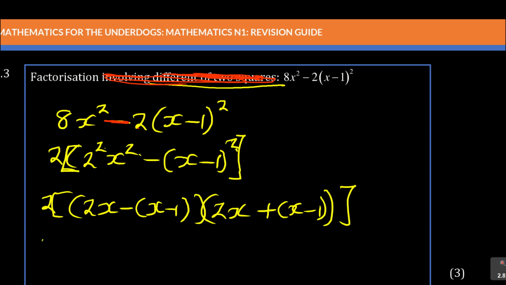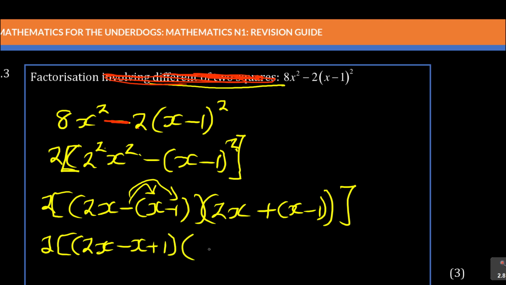And then from there, you have got your 2. You need to simplify now what is inside. Here you have got your 2x. Now, the negative comes in and interchanges everything. So it will be minus x. Negative and negative 1 is plus 1. That's where you just need to be careful. And then the other one, the positive doesn't change anything. It's 2x plus x minus 1.